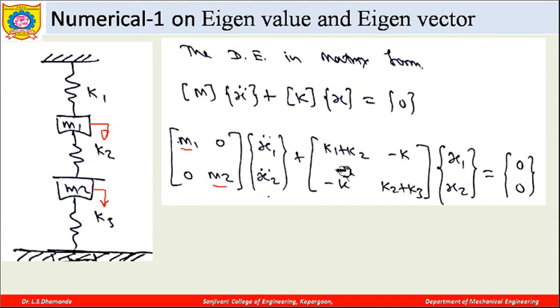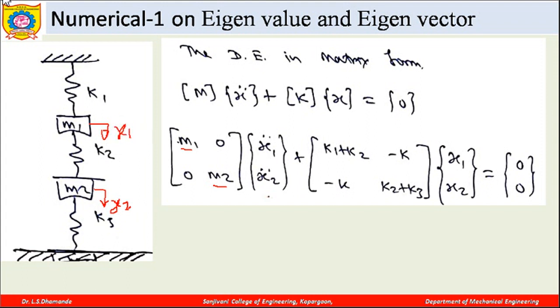Now stiffness, so this particular mass m1 is connected with spring k1 and k2, and therefore the stiffness over here, that is coefficient of x1, will be k1 plus k2, and then x2, so with respect to this mass x2 is over here, this is x2 and this is x1.